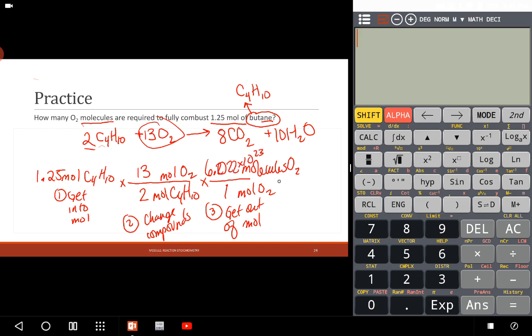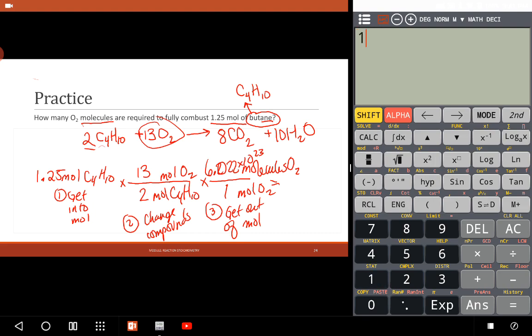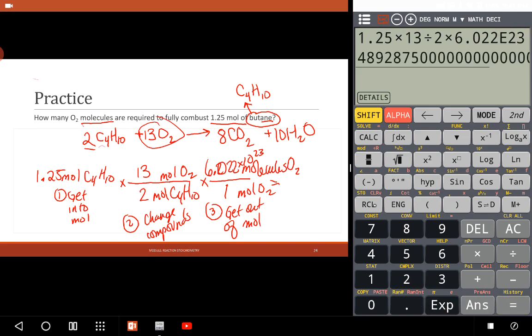That's Avogadro's number. So now I can type that into my calculator. That is 1.25 times 13 divided by 2 times 6.022 times 10 to the 23rd. That's a big number. Let's see, can I force my calculator into scientific notation?